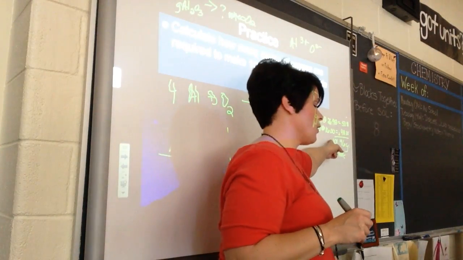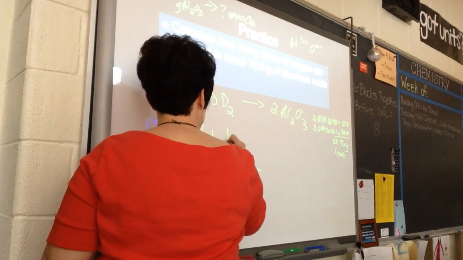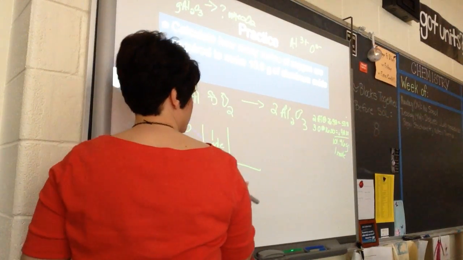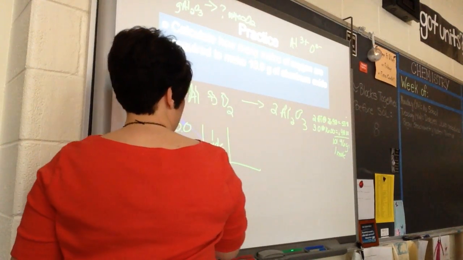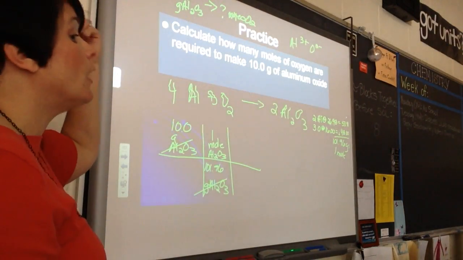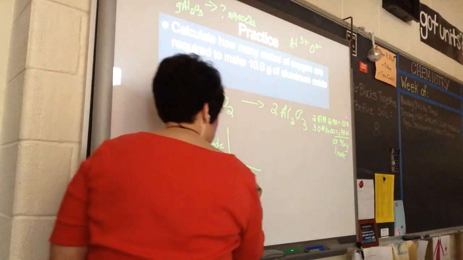Question mark grams is always equal to 1 mole Al2O3. This gram value down here is our molar mass, 101.96. If we stopped, we would have moles of aluminum oxide, but we're supposed to be in moles of the oxygen. Okay? This has to go down here.